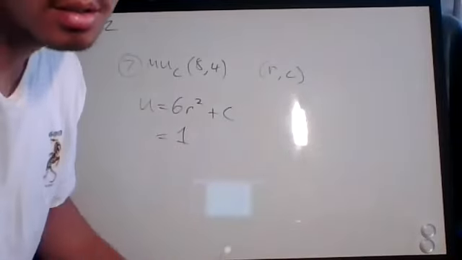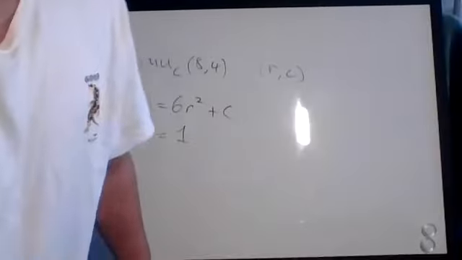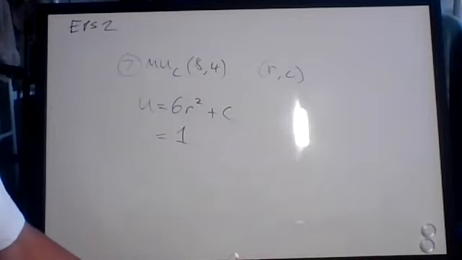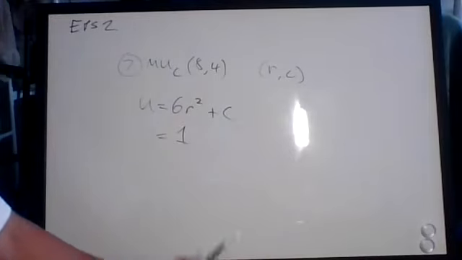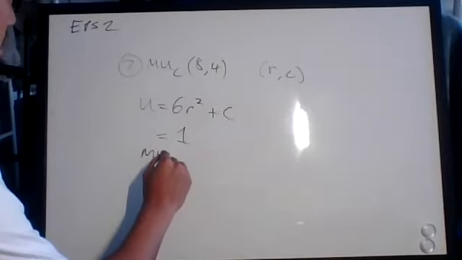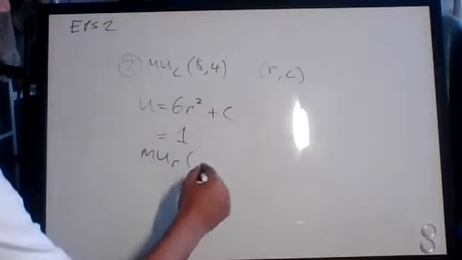Does that make sense? Whenever we're talking about marginal utility with respect to chicken, it's always going to be 1, but only because the marginal utility is 1. Let's say, for example, I had taken the marginal utility of rice, where R is rice and C is chicken, at 8, 4.